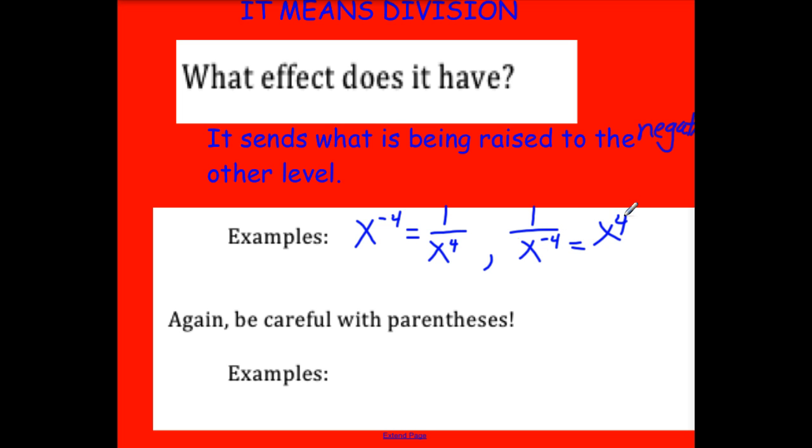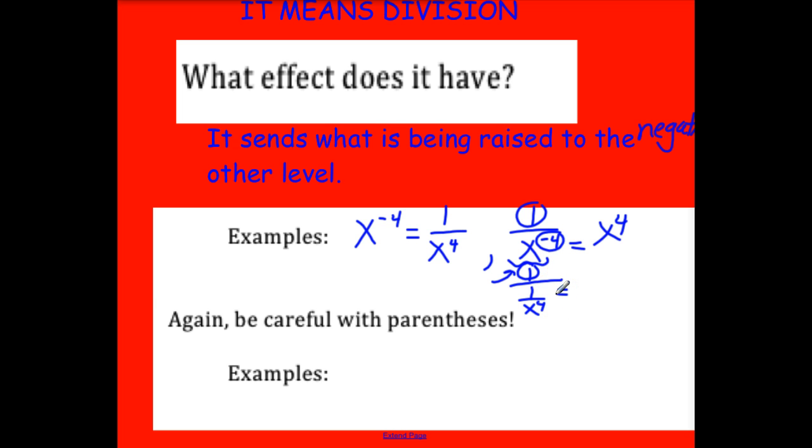If that negative was on the bottom, the end result is it brings it up to the top as x to the 4th. And this one might be confusing to you, but let me tie it into something from your middle school days that'll make that readily apparent. Remember, ignoring the top, on the bottom, x to the -4th is 1 over x to the 4th. And we just said that this negative exponent means to divide by x 4 times. Well, I also had this 1 up here on the top.